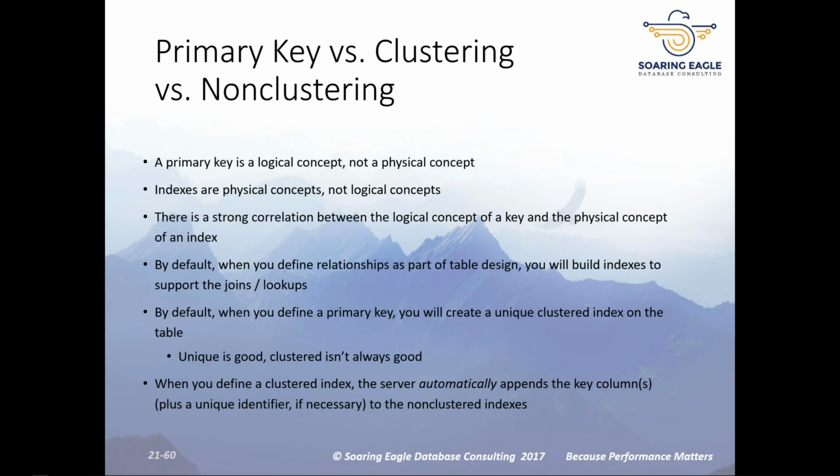This box is my soapbox slide. So most of the white papers out on the web say you should always create an identity column and it should always be your primary key and you should always have a unique clustered index on it. And if you're building an application in your garage and you don't know a thing about performance and tuning, it's not a bad recommendation because the server does a lot of very smart things.